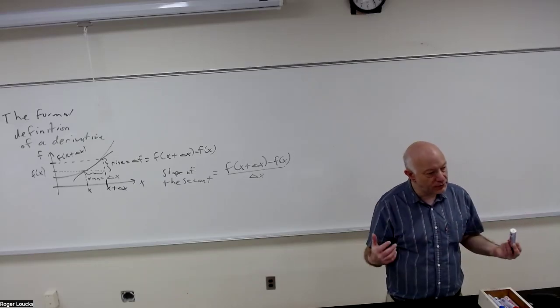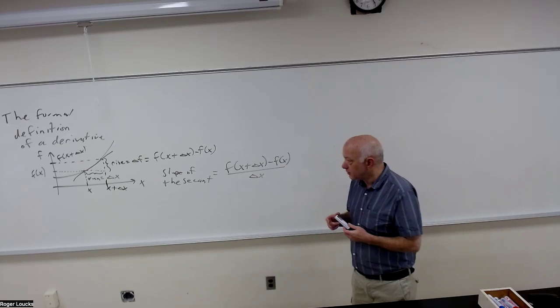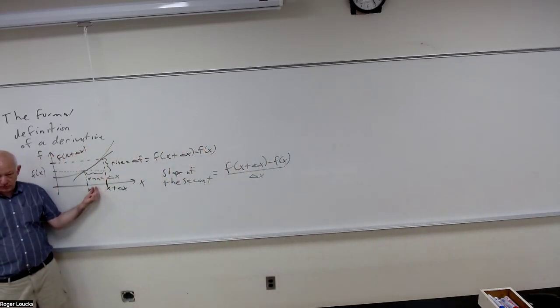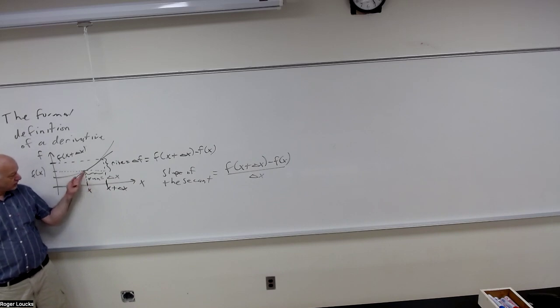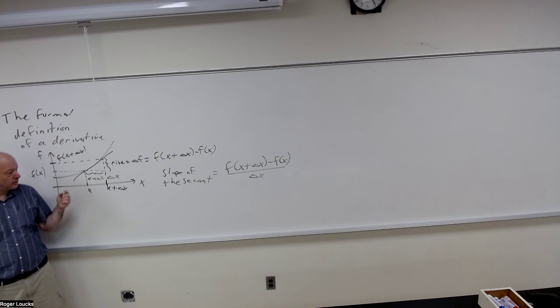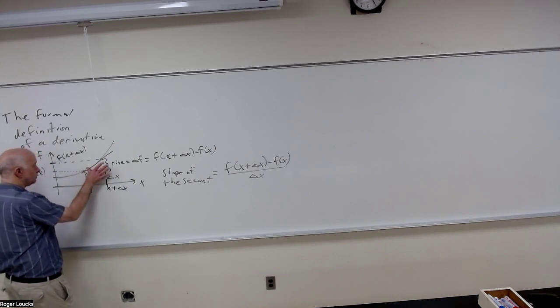Then formally, if we want the derivative, what is it going to be? You take this delta x as it gets smaller and smaller and smaller, like this. And so what's going to happen? The slope of the secant ends up becoming what? Let me make this look a little more secant-y.